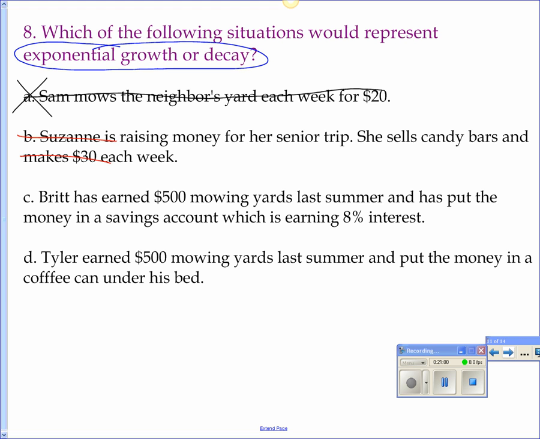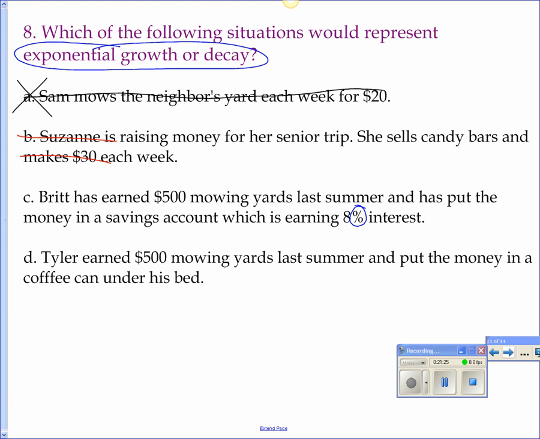All right. C, Brittany earned $500 mowing yards last summer and has put the money in a savings account which earns 8% interest. All right. What do we think about that one? We've got a percent. Okay. Percent is going to clue us into exponential. And let's just read D to make sure.